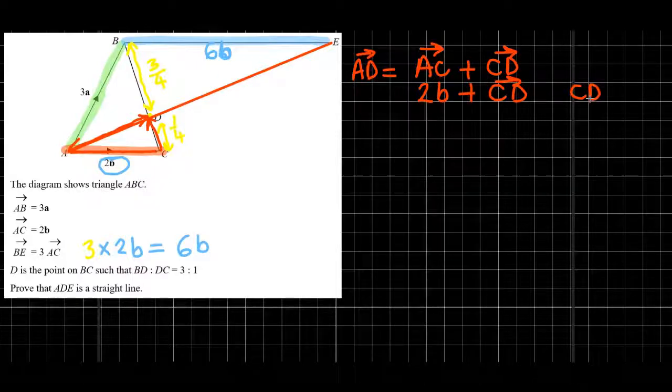So the question is, what is C to D? Now C to D is 1/4 of this lot, 1/4 of C to B.